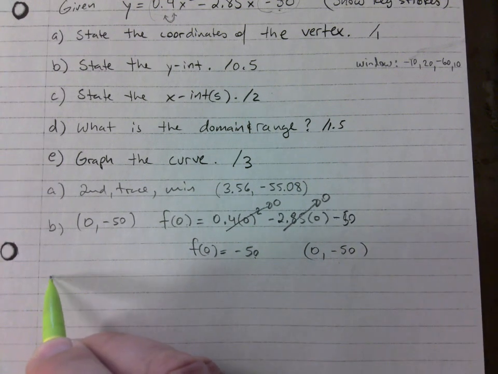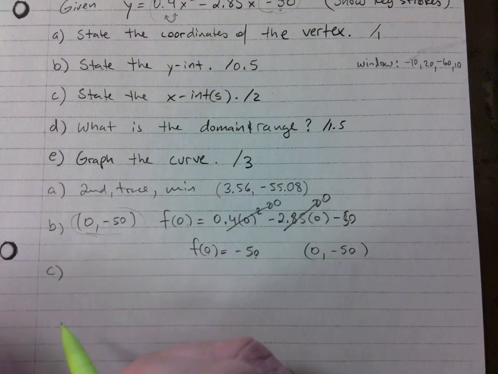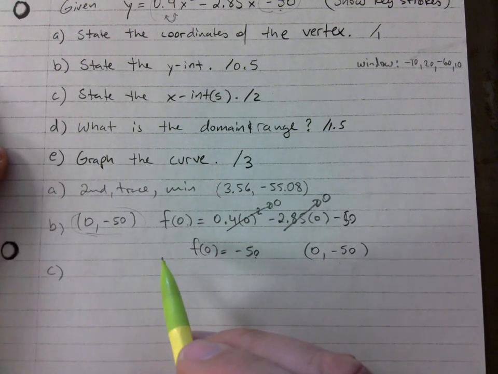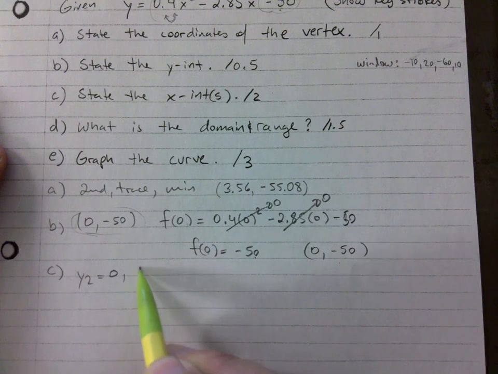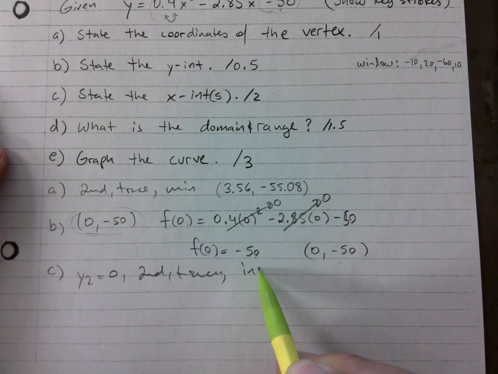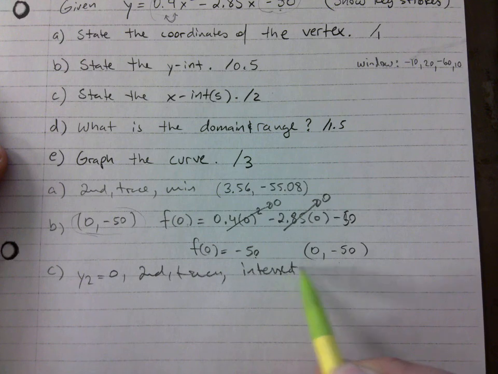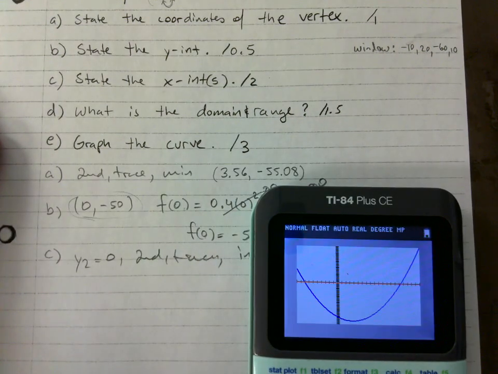Next, half a mark only for stating this, because you technically don't need your calculator when it's in this format. State the x-intercepts. I let y2 equal to 0, and then I'm going to go second trace intersect. Okay, so y2 is equal to 0, hit graph, second trace 5.